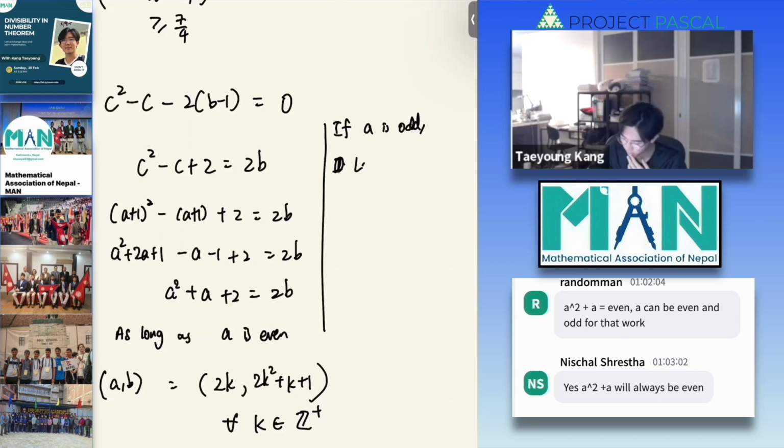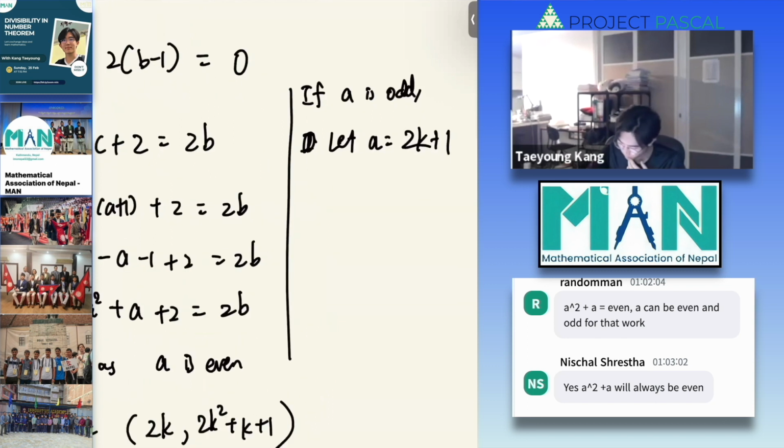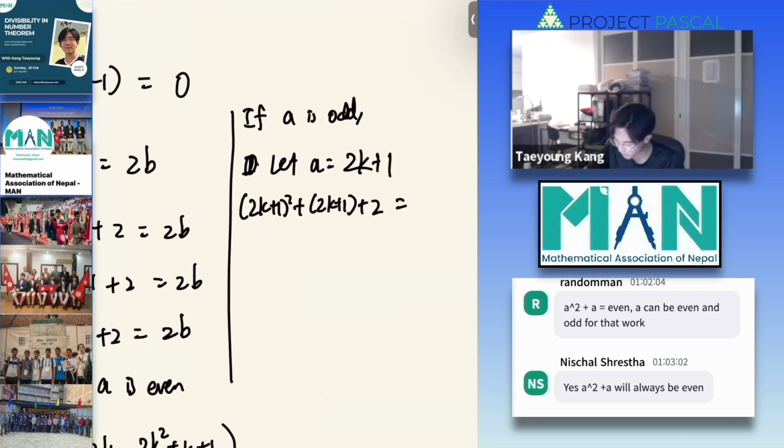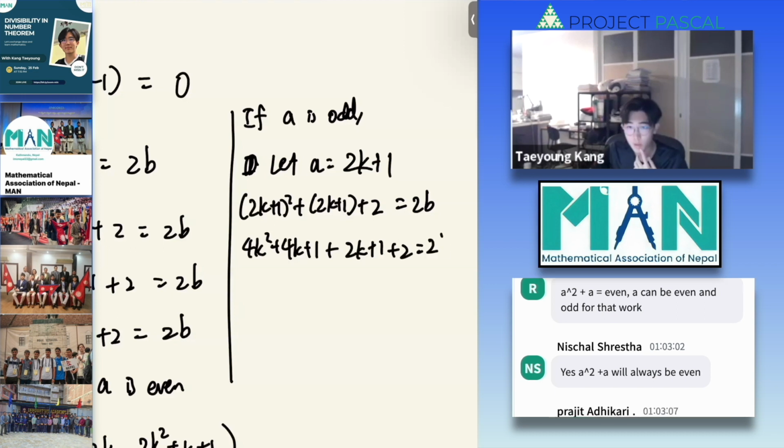Then let A equal 2k plus 1. Then we have (2k plus 1) squared plus 2k plus 1 plus 2 equals 2b, correct? Then we have 4k squared plus 4k plus 1 plus 2k plus 1 plus 2 equals 2b.